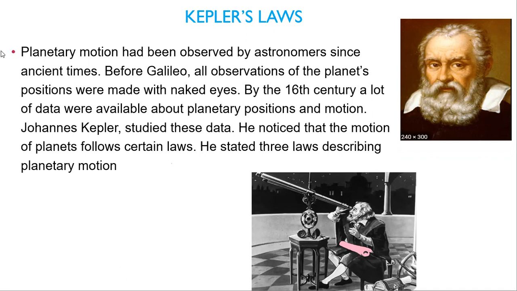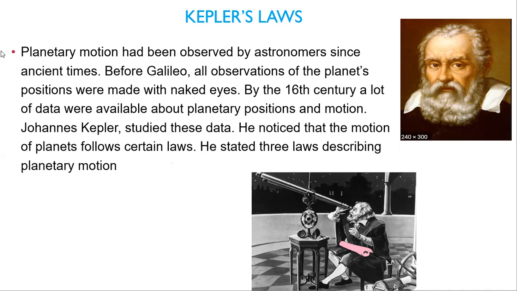Johannes Kepler studied this data and found that the motion of planets around the sun follows certain laws. He stated 3 laws describing the planetary motion.